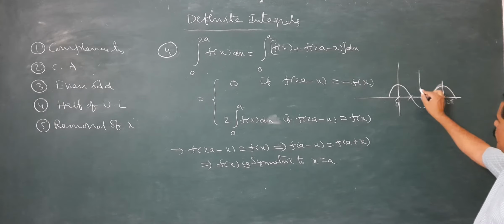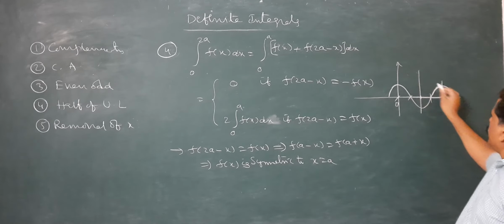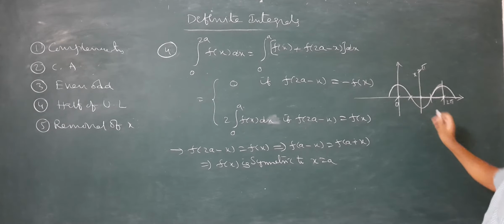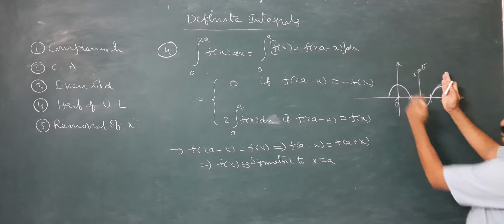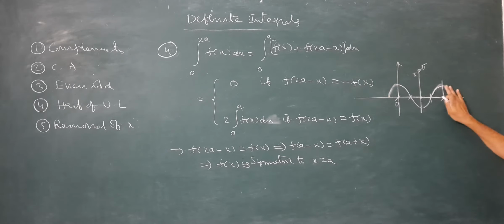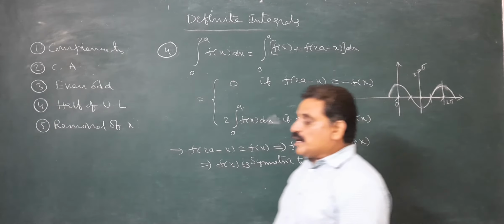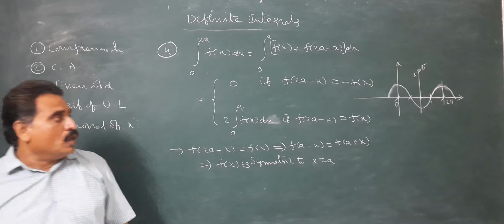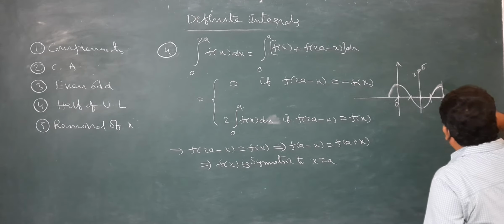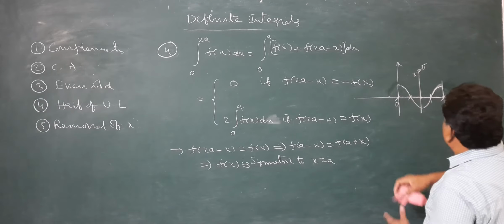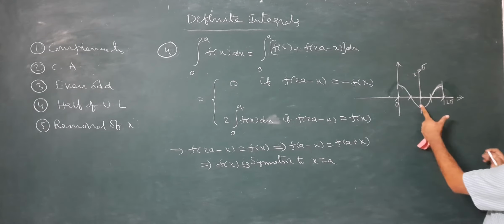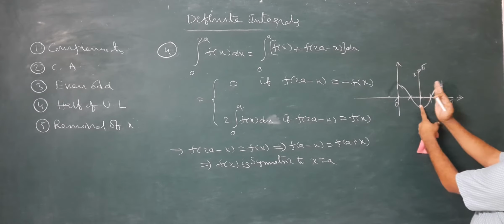If you draw the line x equal to pi, with the y-axis and x-axis, this is the line x equal to pi. You observe that in the graph from 0 to 2 pi, the left part of x equal to a is the same as the right part of x equal to a.